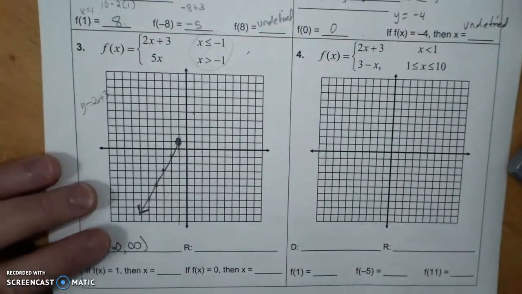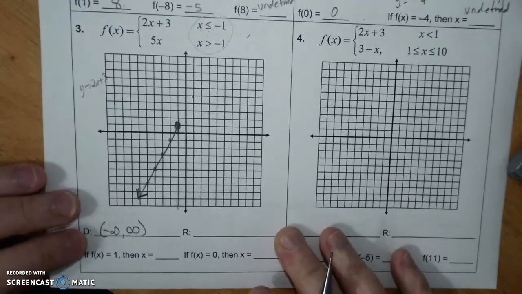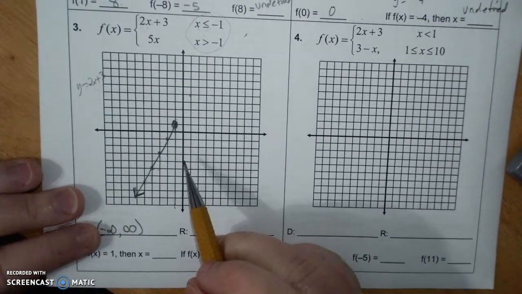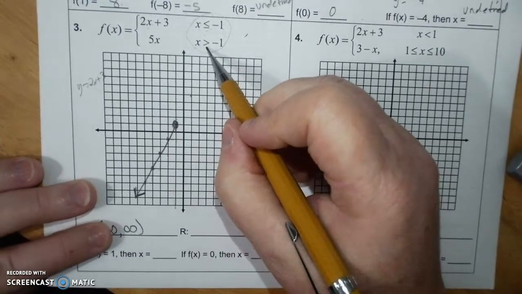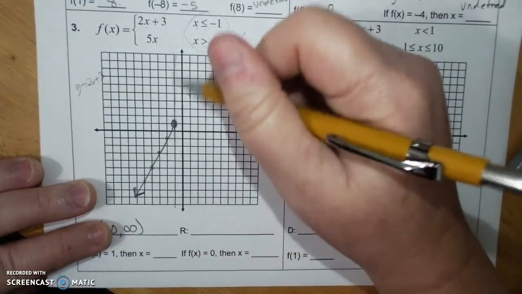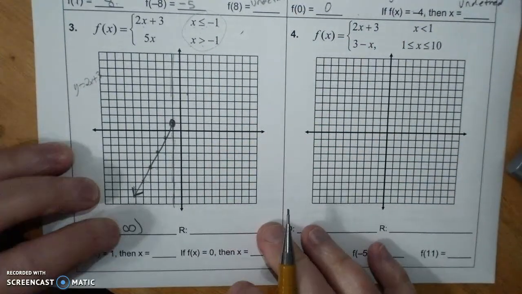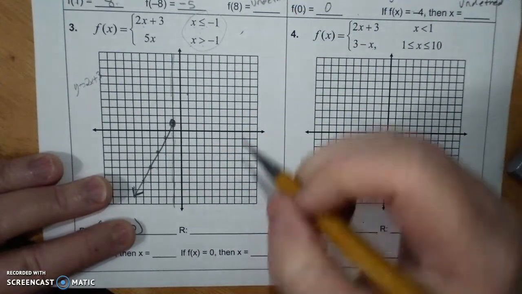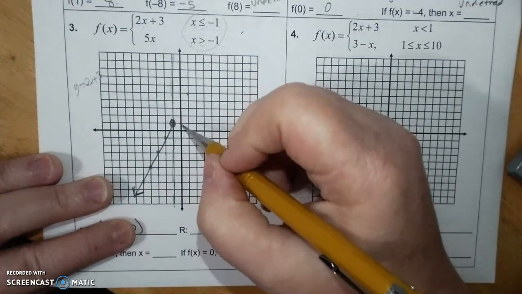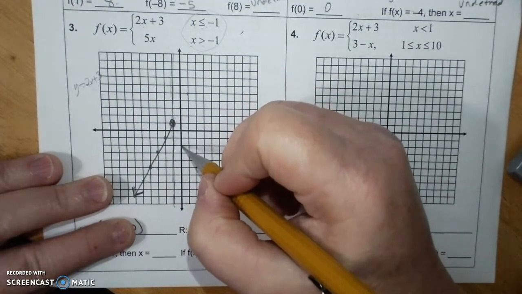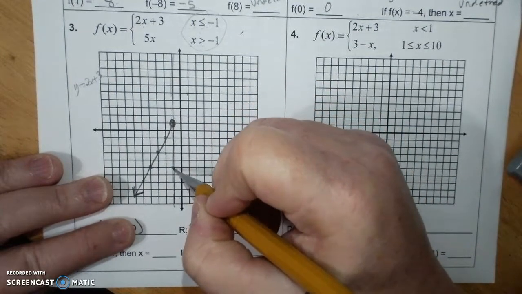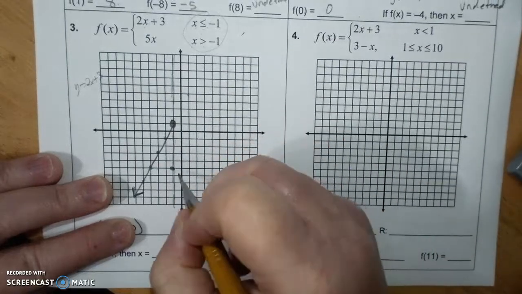Okay, so that's that part. Okay, then I'm going to go here, and I'm going to go x is greater than negative 1. Oh, should have paid attention, didn't have to erase my fence. And I'm doing 5x. So I started at 0.